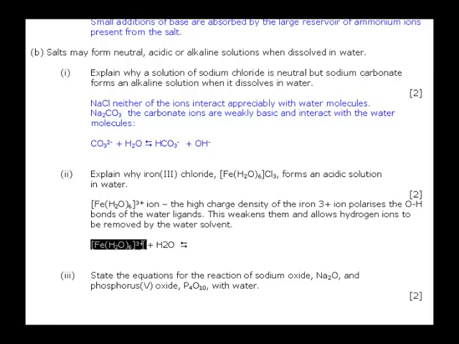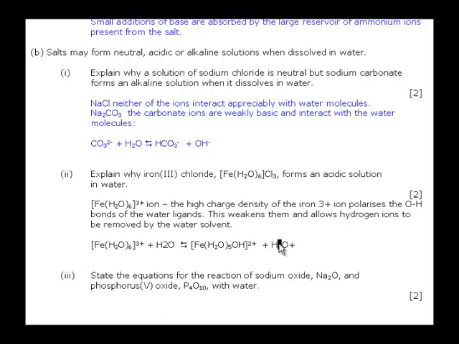Now what we do is we lose a hydrogen ion from this, making Fe(H2O)5OH, and this is now a 2+ ion, plus H3O+.